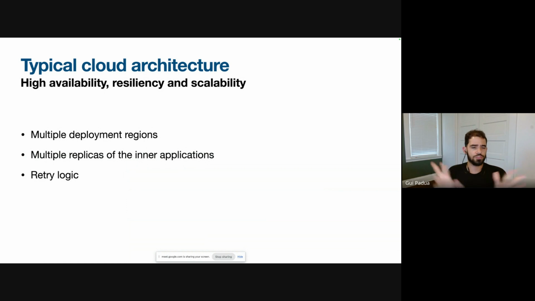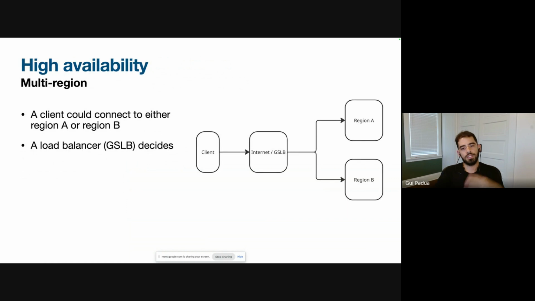There are also some retry logics that help with resilience. For example, we have a device, which they call here a client. There is a region A or region B, completely separate, like in Eastern US or Western US. The device could connect to either of those and they are working. And there's a load balancer in the middle.